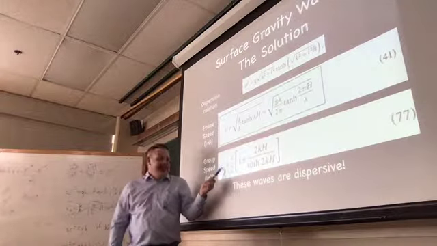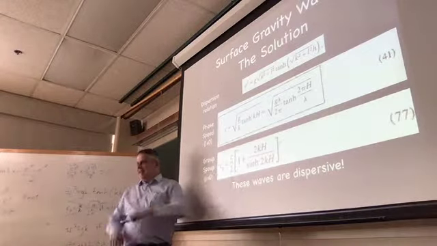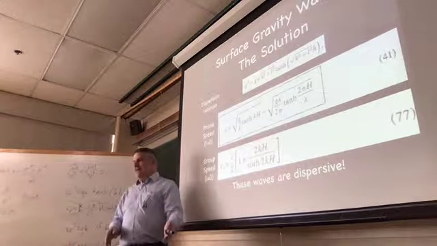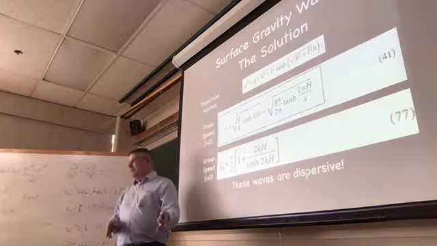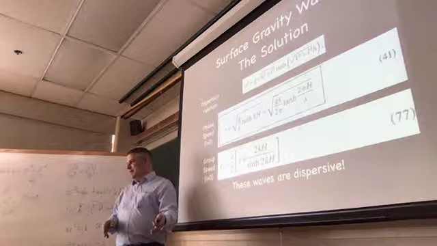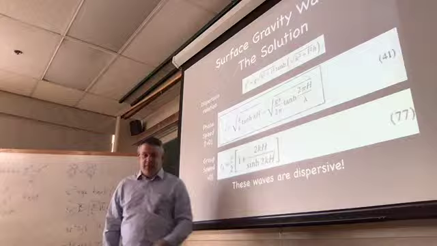And then it's dispersive, but it's dispersive in this funny way where it's proportional to the same speed, it's just half as big. So the group velocity is half as big as the phase speed for deep water waves, and they're equal to each other for shallow water waves.